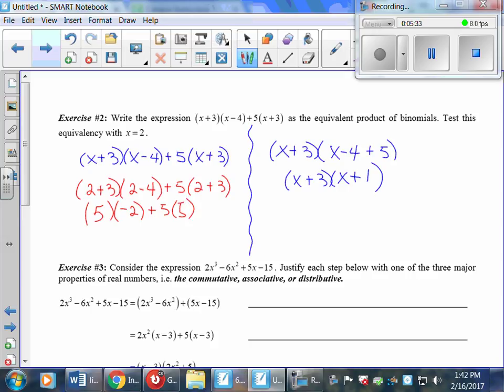So this turns out to be negative 10 plus 25, which is 15. Now let's test it with our revised version over here. And here I'm going to do 2 plus 3 times 2 plus 1, which is equal to 5 times 3, which is also equal to 15.